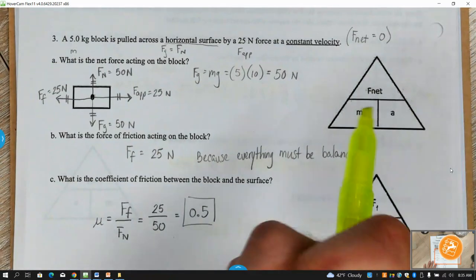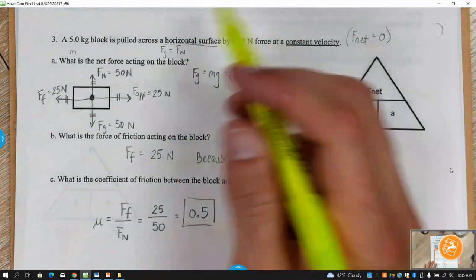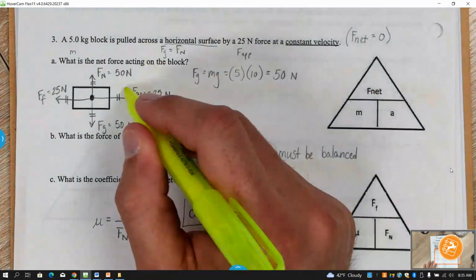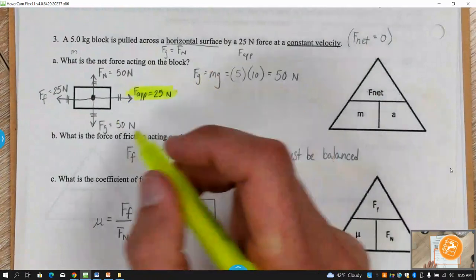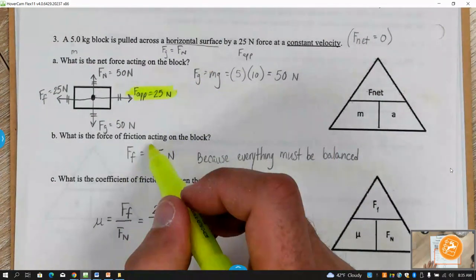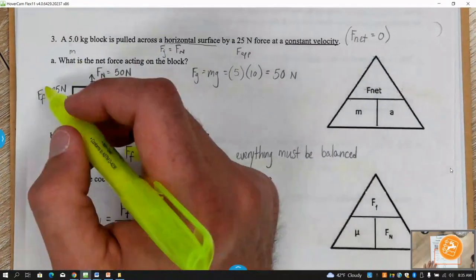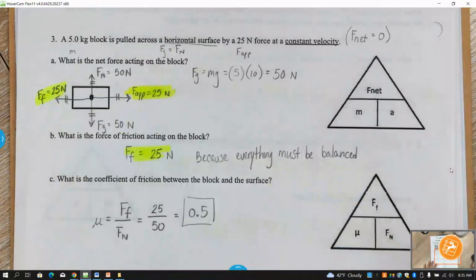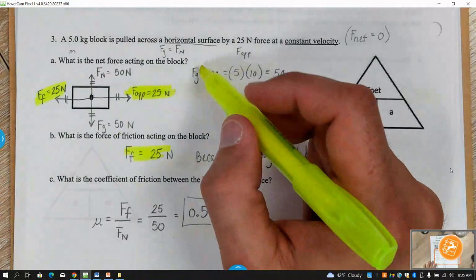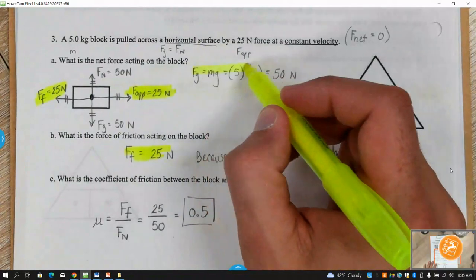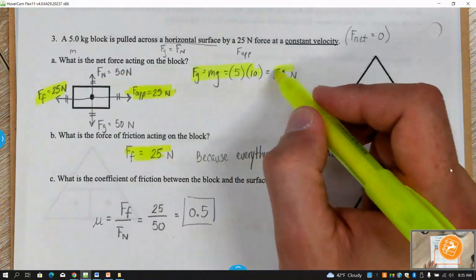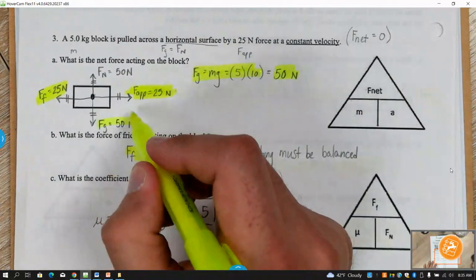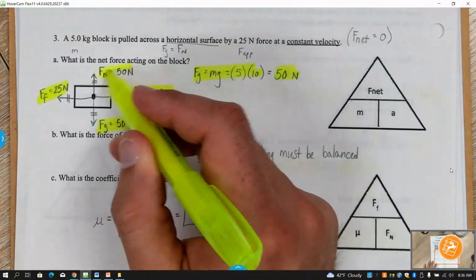Okay, so we drew in the applied force, 1. Figuring out our friction force of 25. It's the same thing because we had to draw that in. Then we figured out the weight based off of our mass. So we did this, got our number, drew that in.